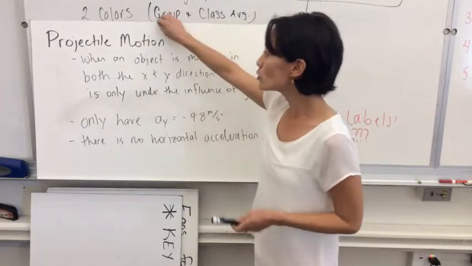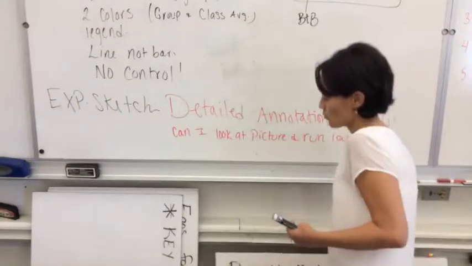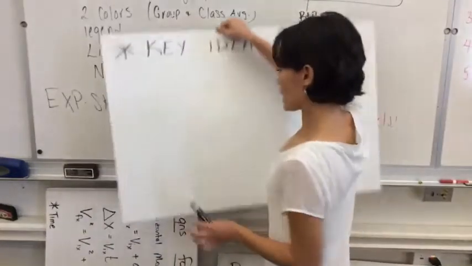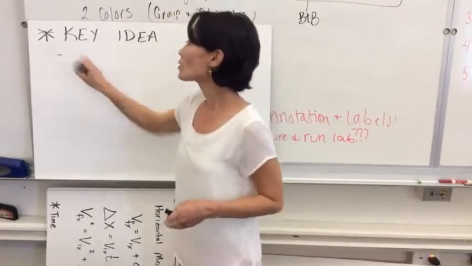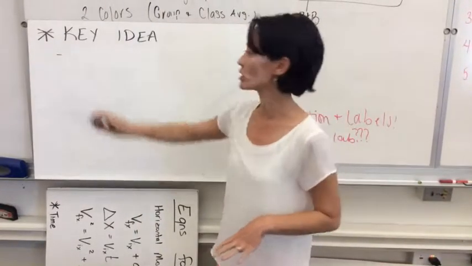And there is a huge, big idea with projectile motion, and it's the key idea for this next unit of study. This key idea is that horizontal and vertical motion are completely independent of each other.